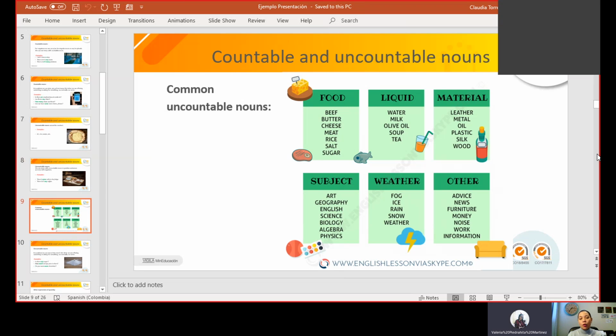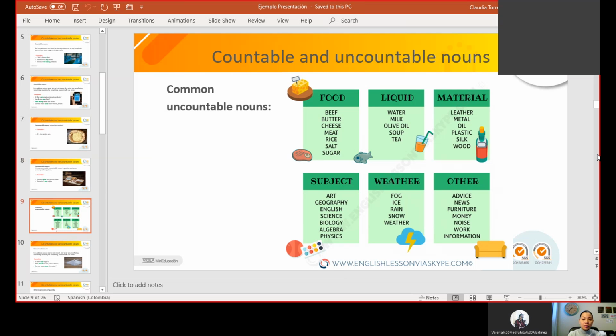Also, when you're talking about the weather, you may say fog, right? So when you cannot see very well, maybe you're driving and everything is like white. That's fog. So it's foggy, but the thing is fog is uncountable.